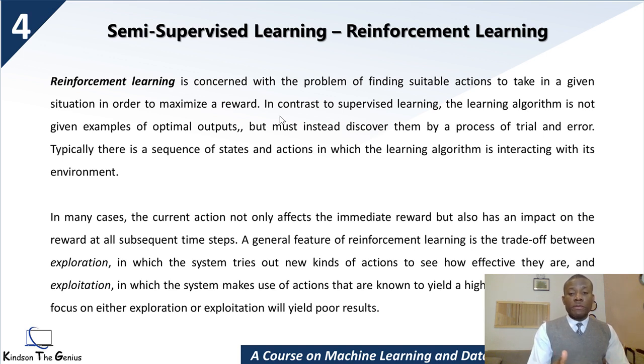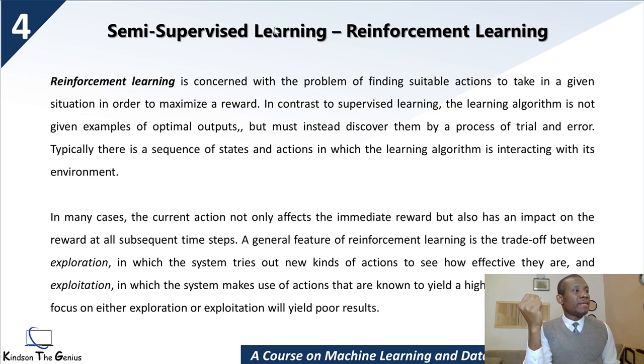A general feature of reinforcement learning is the trade-off between exploration, in which the system tries new kinds of actions to see how effective they are, and exploitation, in which the system tries to make use of actions that are known to yield high reward. Too strong a focus on either exploration or exploitation will yield poor results. So we have a situation of trade-off.